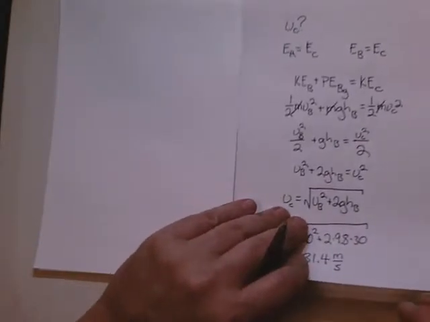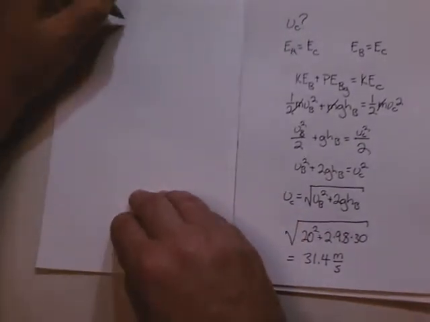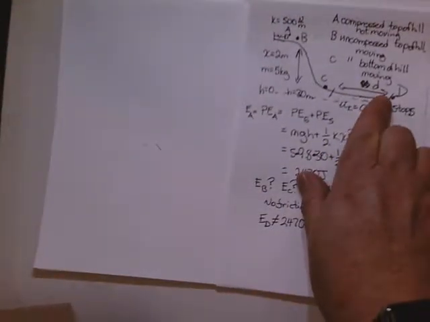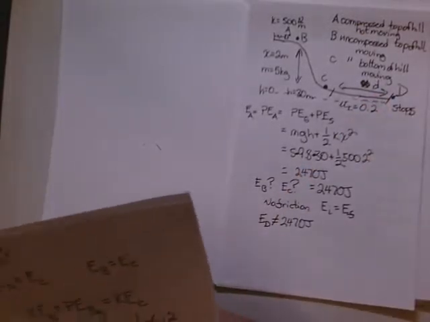So for the last part, what I want to know is, what's the distance d that it traveled when it comes to a stop?